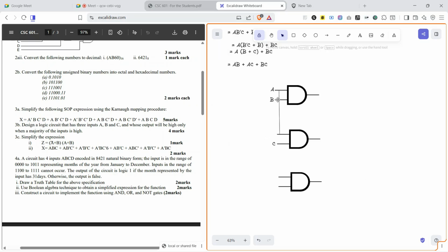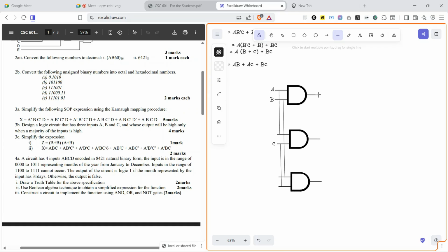Then you connect this B to this, and then this C to this. I think there's a way David drew it in class instead, where you write ABC at the top and connect it.